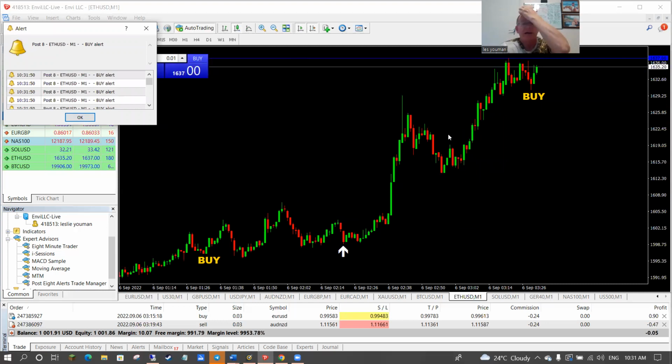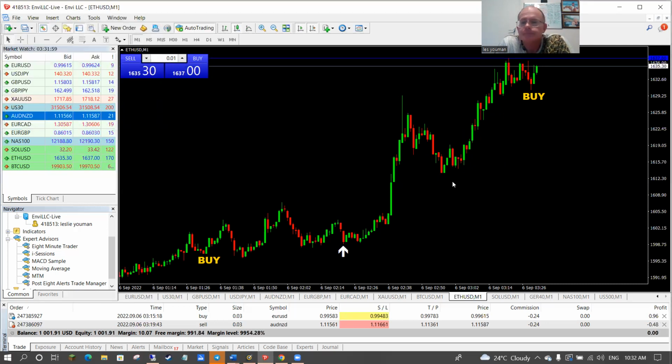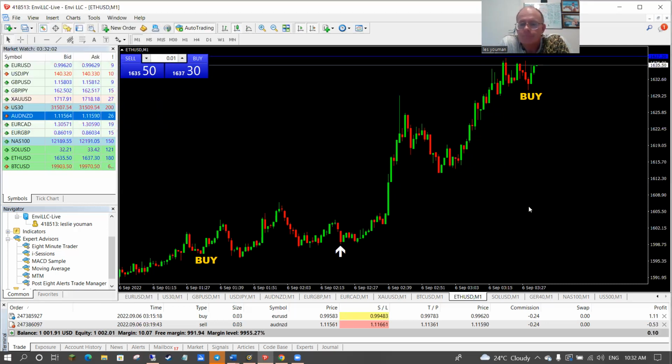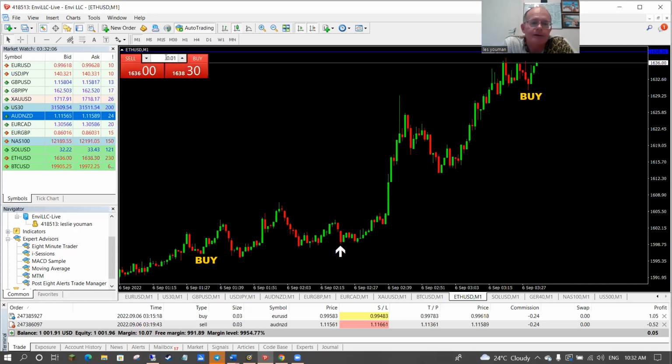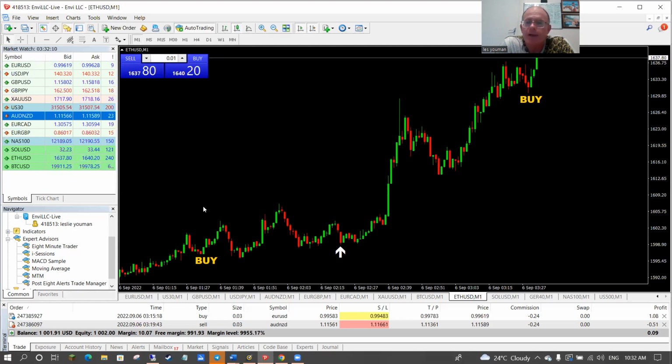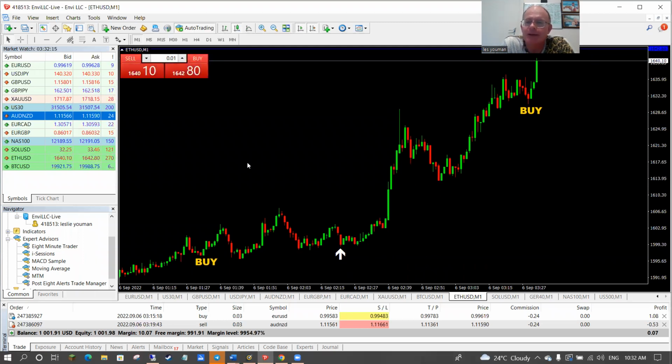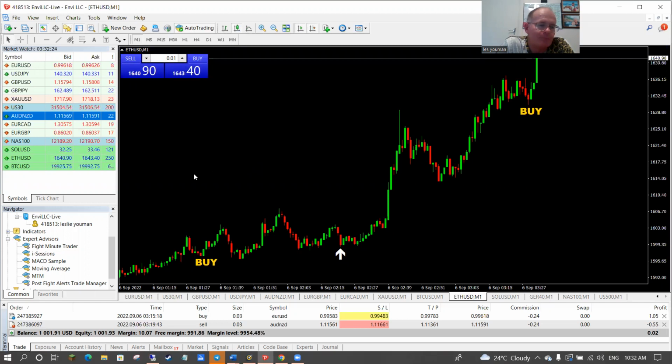So it looks like a potentially decent trade. I should have taken it. It's powering up. I missed out. But this isn't my serious trading session, so I won't worry about it.